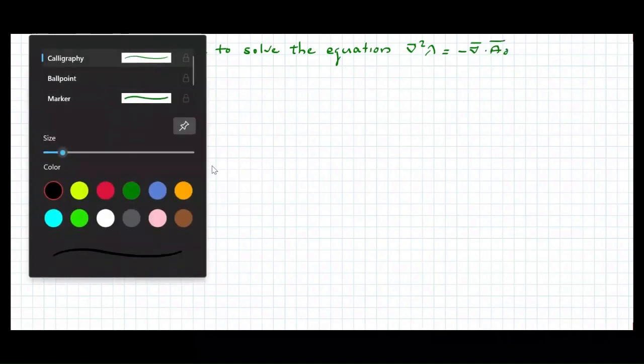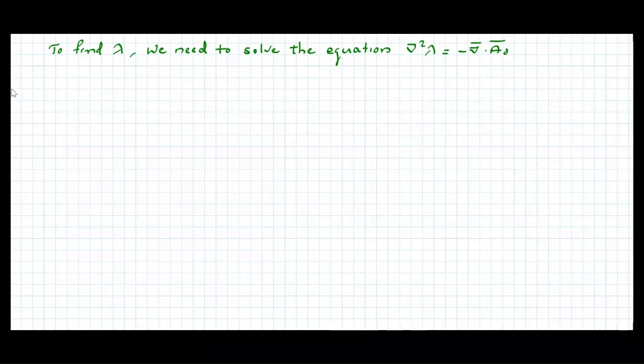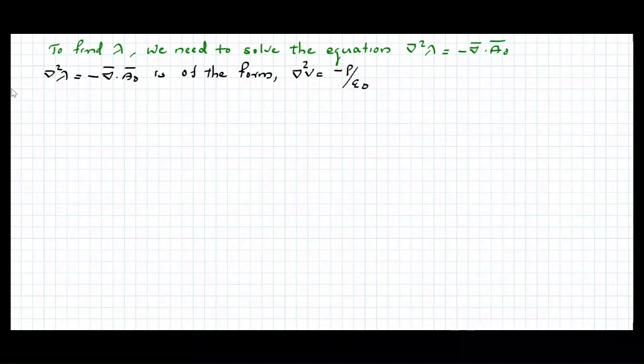And for that particular lambda, you have del dot A equal to 0. Now your equation reduces to del square A equal to minus mu 0 j. Now to find lambda, we need to solve the equation del square lambda equal to minus del dot A0.